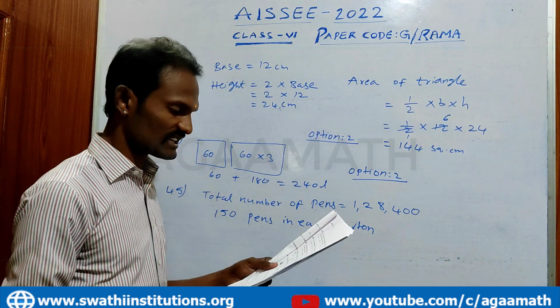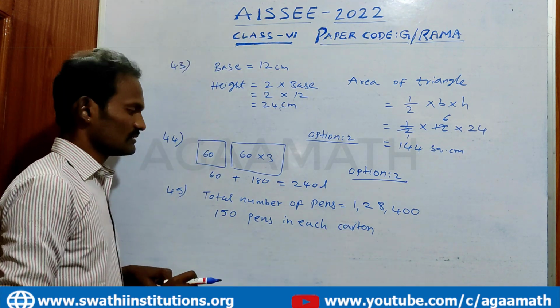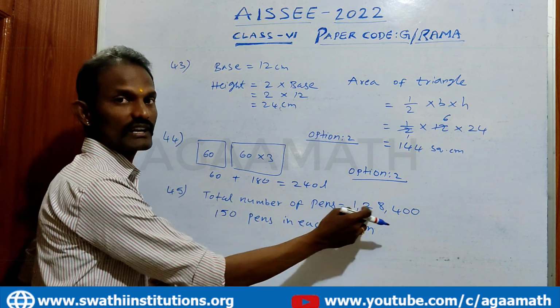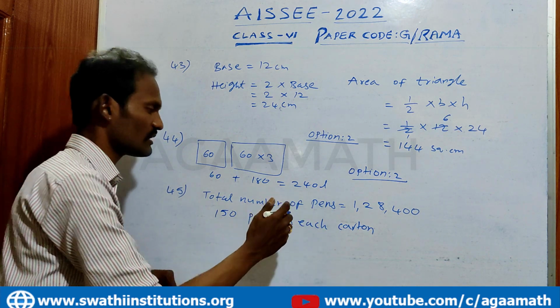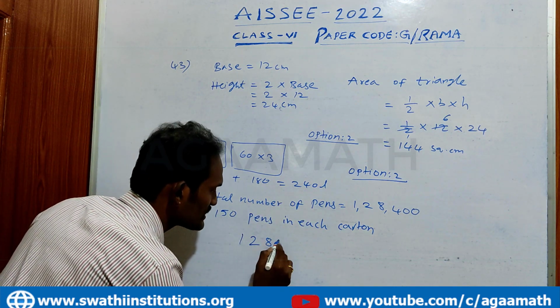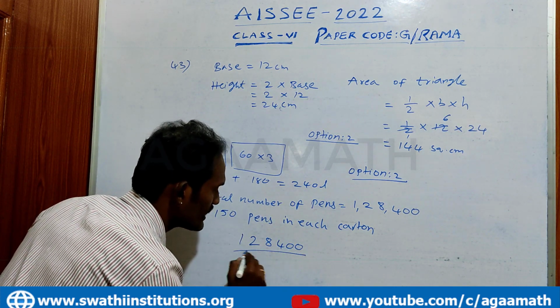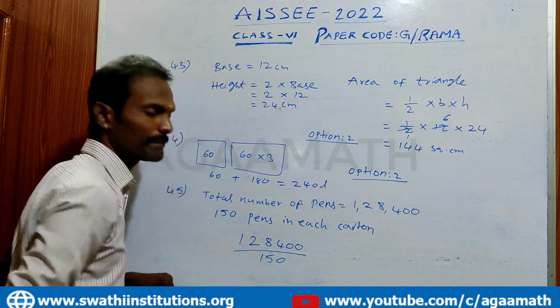So how many cartons are needed? Total number of pence is 1,28,400, with 150 pence in each carton. So you have to divide 1,28,400 divided by 150.